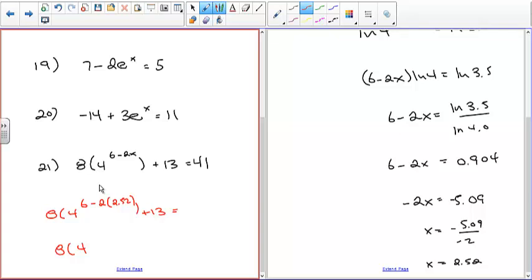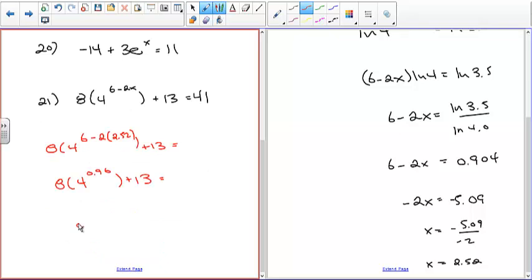So that's 4 to the 0.96 power plus 13, and 4 raised to the 0.96 power is 3.78, plus 13. So take 3.78, multiply by 8, add 13, and we get 43. Okay, so something's wrong. What did I do wrong?